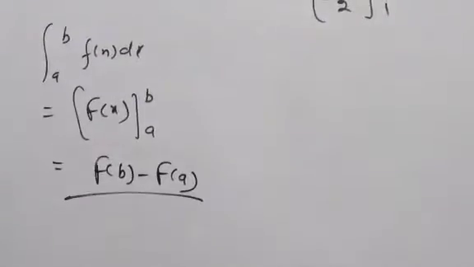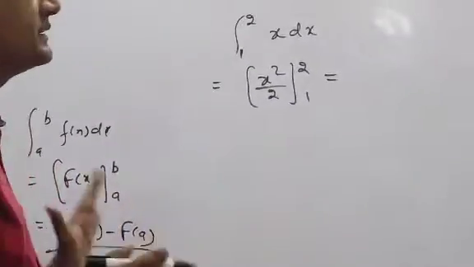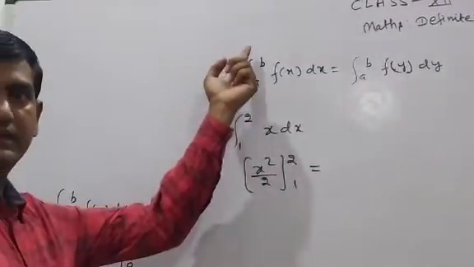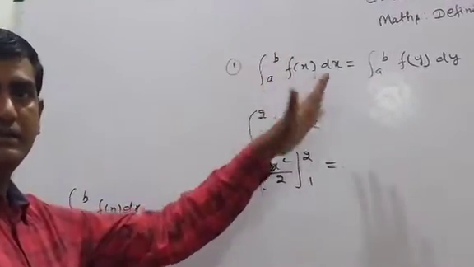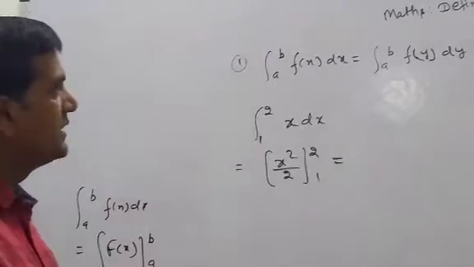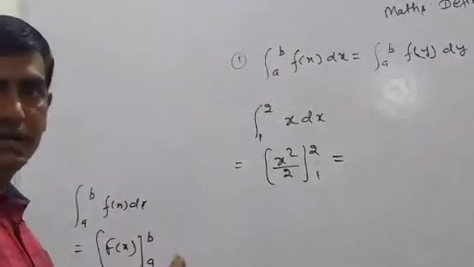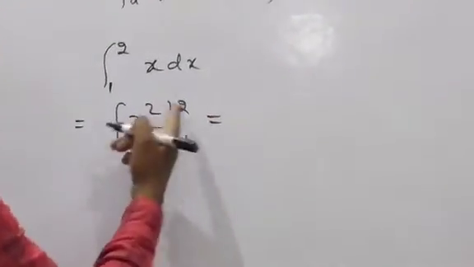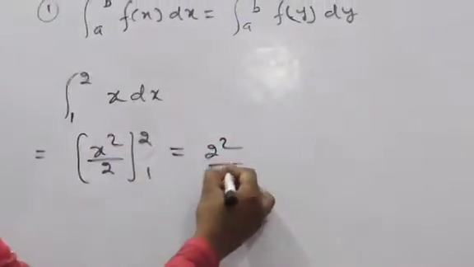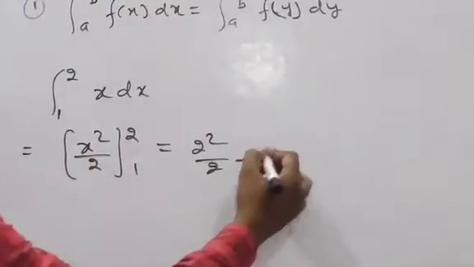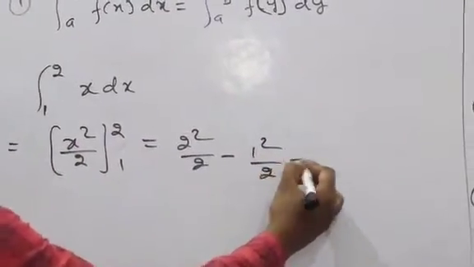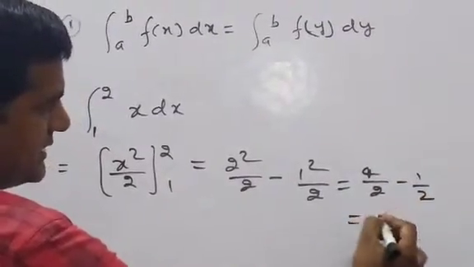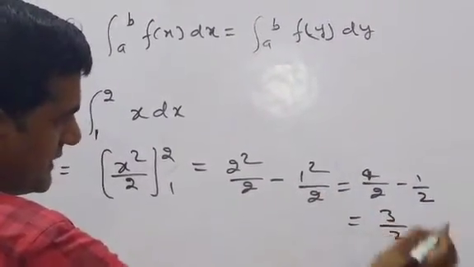Now this is the answer. Totally, the rules depend on integration only. Definite means limits are given and the value will come constant, meaning there is no addition of an arbitrary constant. Clear? Then here x equal to 2 means 2 square by 2 minus x equal to 1 means 1 square by 2, is equal to what? 2 twos are 4, by 2, minus 1 by 2. That is 4 minus 1, 3 by 2.